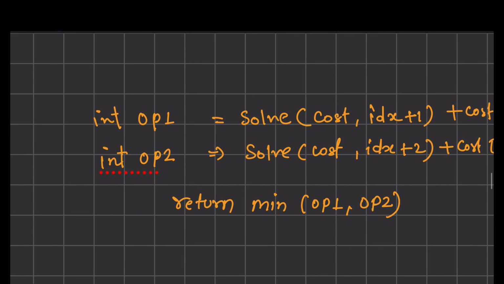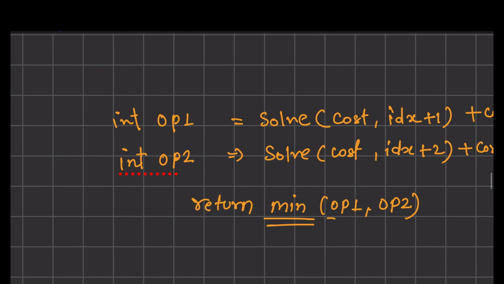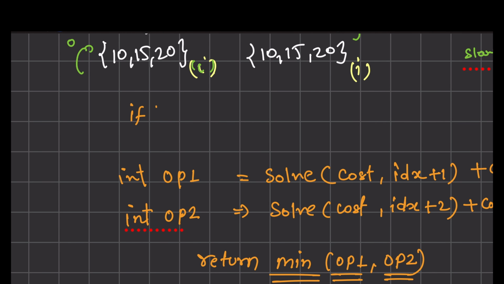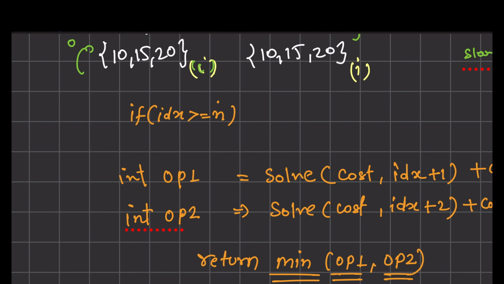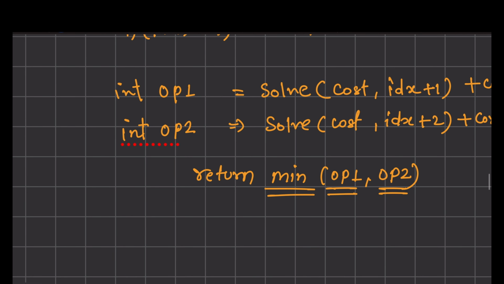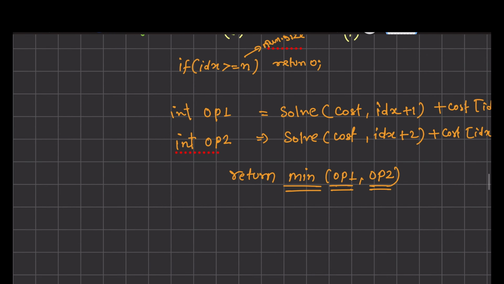Now what will we return? We will return the minimum of both, so minimum of option 1 and option 2. And what is the base condition? Our base condition is if our index is greater than or equal to n, where n is the nums array size. We will return 0. So this is our code.